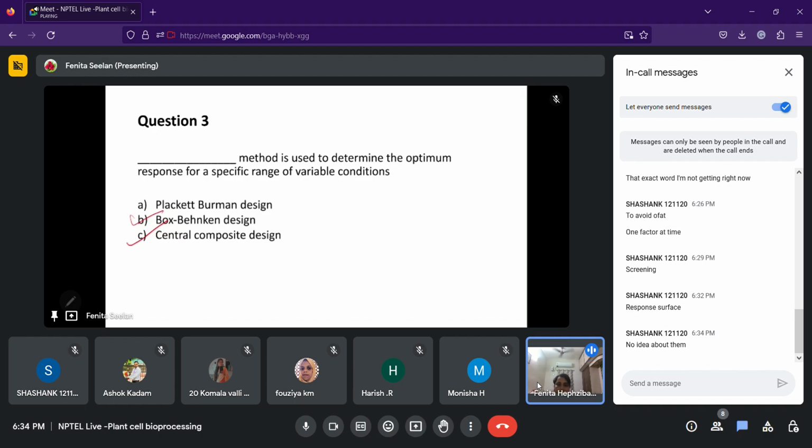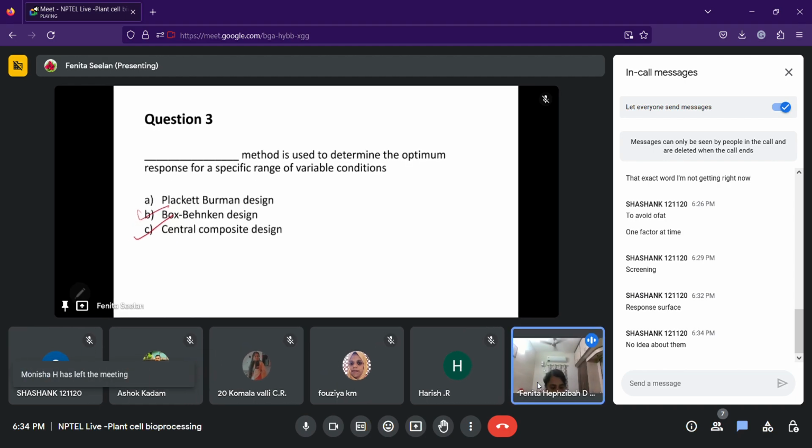So in your Plackett-Burman domain, you will screen out the important factors which are affecting your experiment. Say for example, you are in the initial stages of your research and you are fixing the Plackett-Burman design where you give higher and lower values only, one high value and one low value.